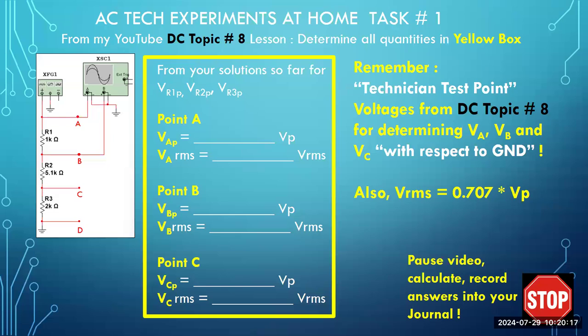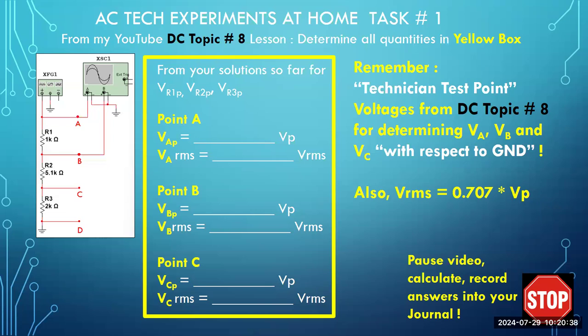Why this is significant, why this is helpful, this is called technician test point voltages, and that's discussed in a previous DC topic number 8. Review that. I won't get into details of that right now, but DC topic number 8 will explain fully the significance of technician test points.